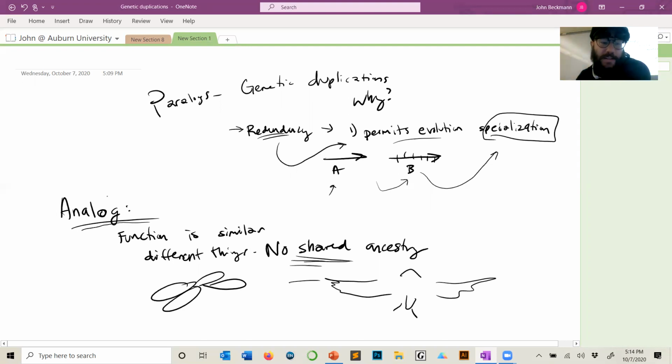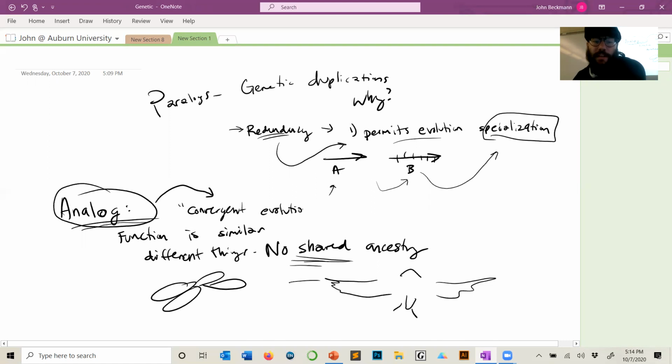And analogs are evidence of a special type of evolution. There's a term for this type of evolution where you see the same structure appear independently in different settings. What is that called? Yeah, you're close. Convergent evolution. This is a key term, an important concept, that things that are useful evolve multiple times. Not everything just evolves once.